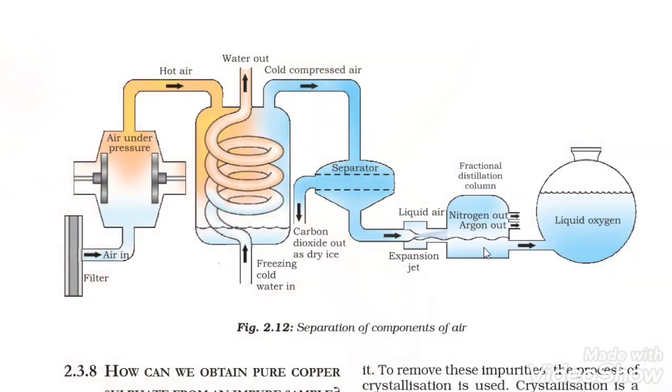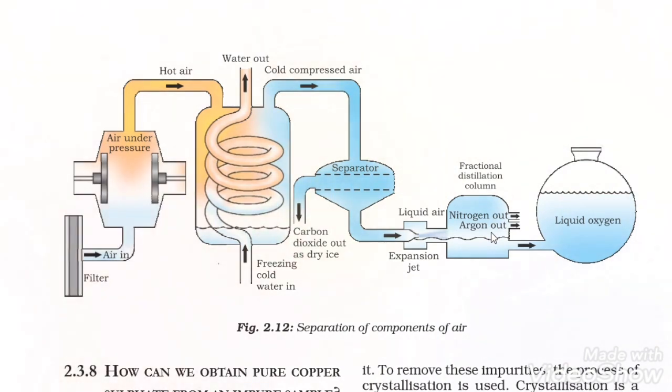See, there are three openings here at different heights. The first one is at the lower level, then argon and then nitrogen. As we have discussed earlier, in a fractionating column there are different openings for different boiling temperatures. See here, the component which has the least boiling point will boil first.